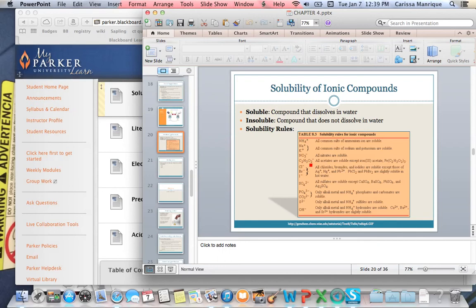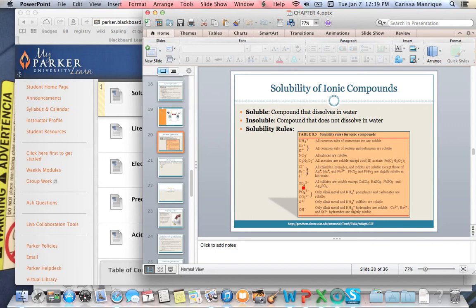Anytime you see an acetate ion, so these are like your polyatomics, all of them are soluble except for iron 3. And that one will actually be a solid, and so will be a non-electrolyte. Chlorine, bromine, iodine, they say all are soluble except for silver, mercury, and lead. So if they're mixed with those, they're not soluble.